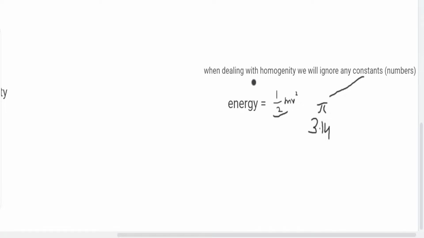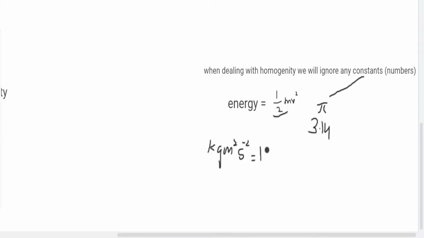Now let's do this kinetic energy question. I know that kinetic energy or work done has the SI base unit of kg m^2 s^-2, and whatever is present on the left hand side must also be present on the right hand side. So when I'm solving this, I should get kg m^2 s^-2, right?